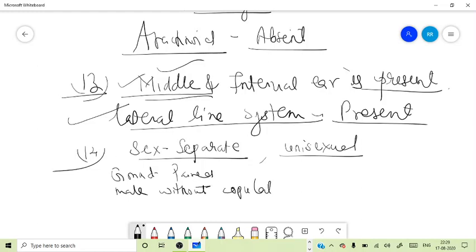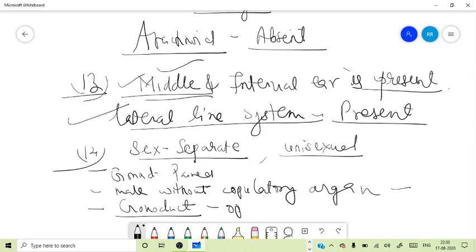So there is no copulatory organ present in males. And gonoducts do not open to the outside directly, but they open into a chamber, that is cloaca. So gonoducts do not open to the outside of the body directly, instead they open into a chamber known as cloaca.